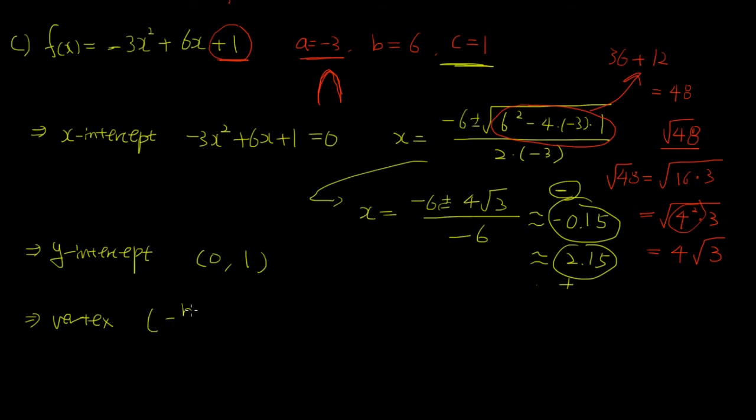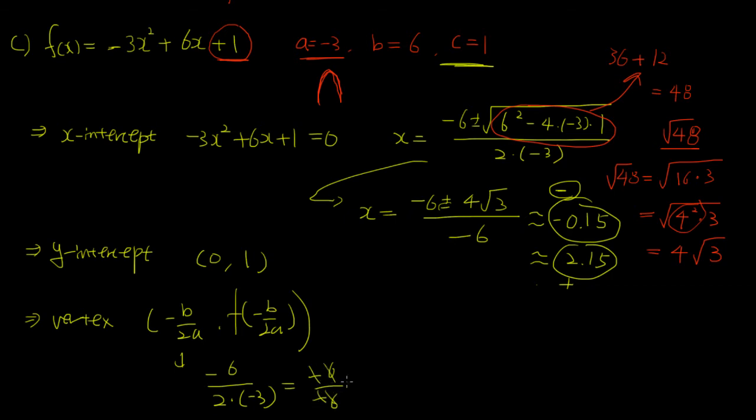So what about the vertex? Vertex is minus b over 2a, f of minus b over 2a. So minus b over 2a is what? Minus 6 over 2 times negative 3, which is negative 6 over negative 6. Cancel, cancel, cancel everything. It's going to be 1.